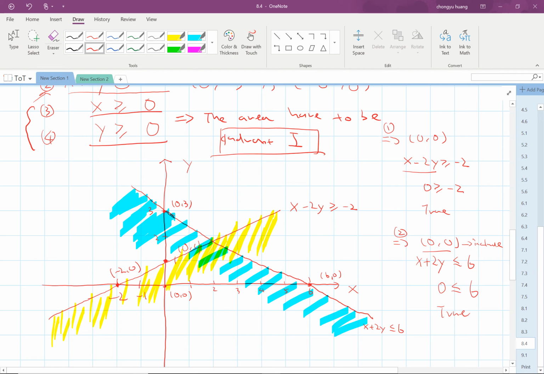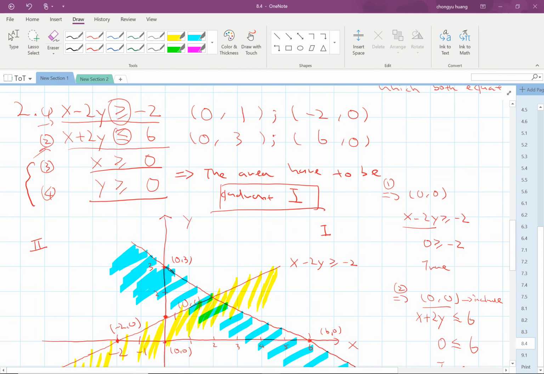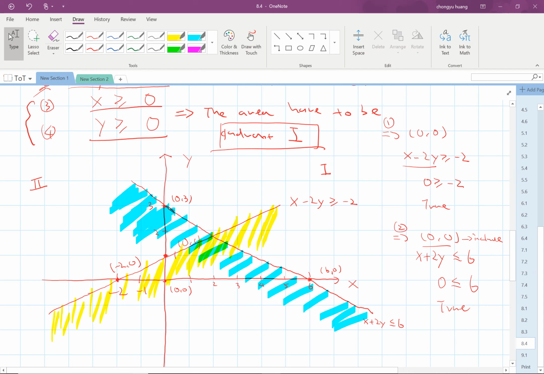We talked about those quarters really early before. Here we have quarter 1 over here, quarter 2 over here, quarter 3 over here, and quarter 4 over here. Here the statements are x bigger than or equal to 0 and y bigger than or equal to 0. So that means the area has to be in quarter 1. That's it.